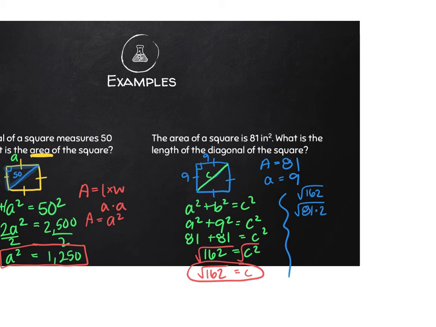We're going to be looking for perfect squares. 81 is a perfect square, and that's why I chose 81 times 2, because then I can break it up into the square root of 81 times the square root of 2. The square root of 81 is 9. The square root of 2 just stays, because we can't simplify it any further. If this is still a little bit challenging, no worries. We will have a lesson coming up just on radicals.